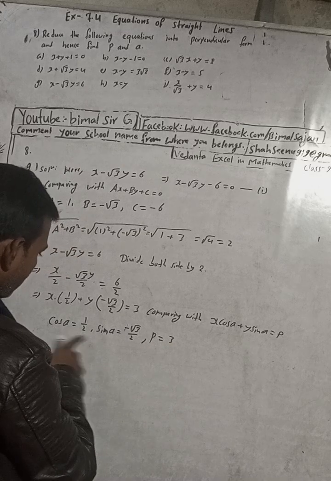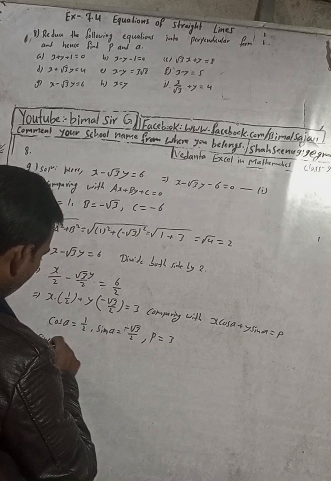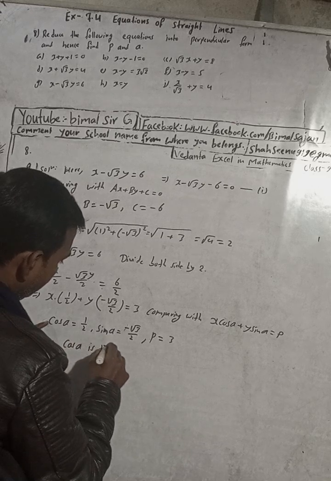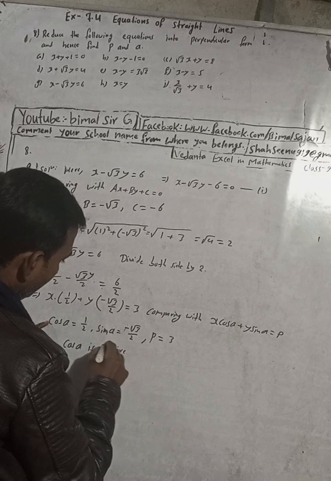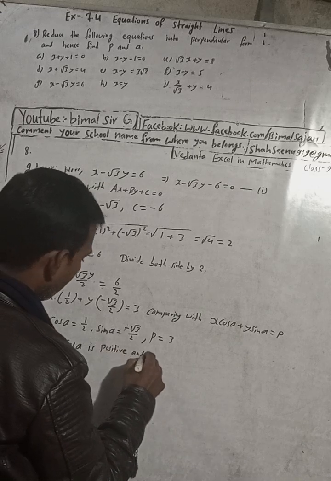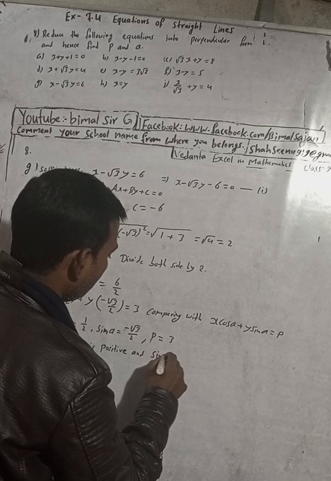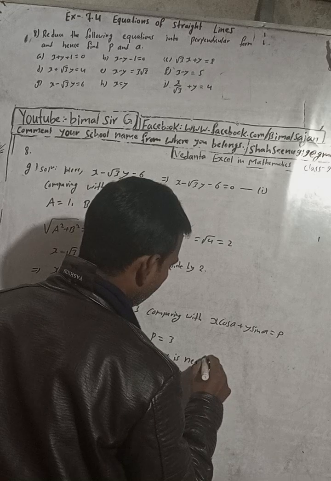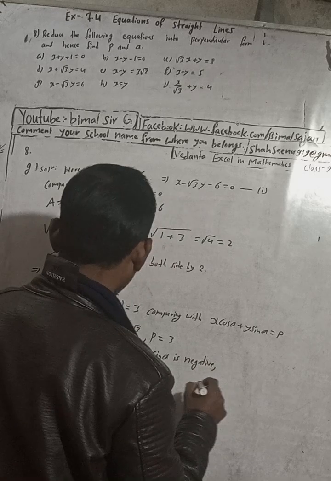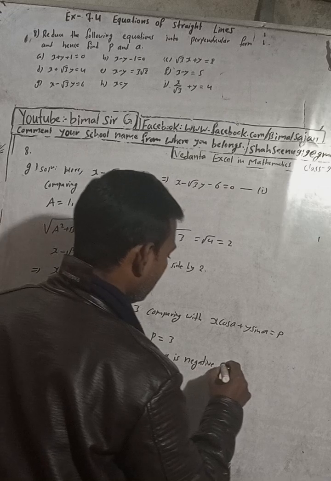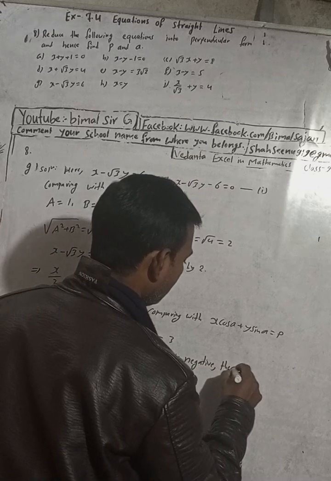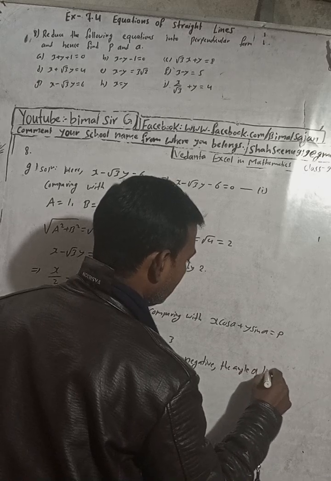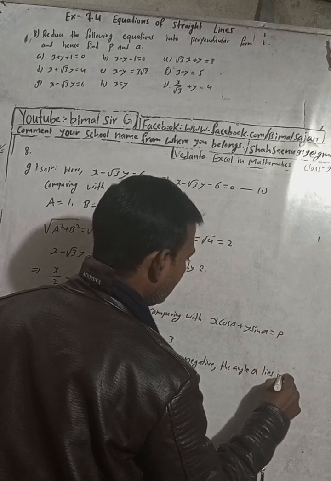So here we can see, since cos alpha is positive and sin alpha is negative, the angle alpha lies in which quadrant?